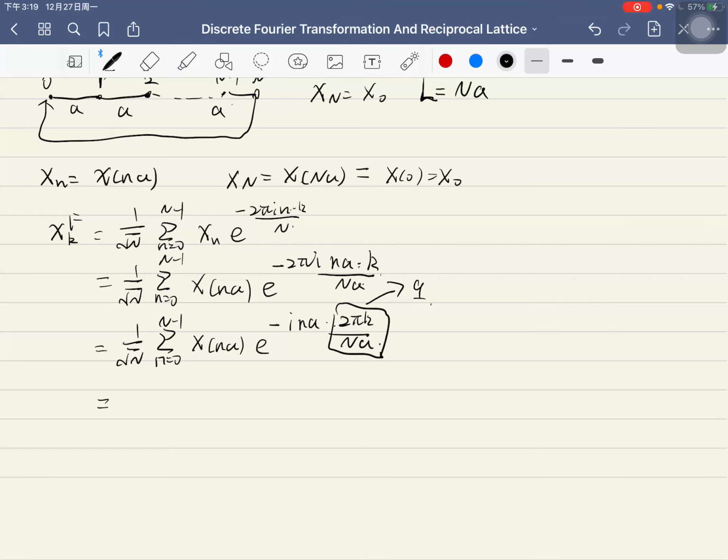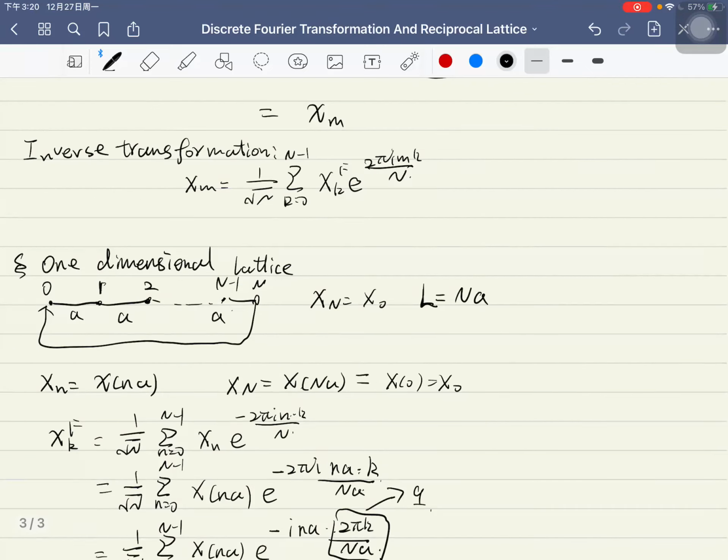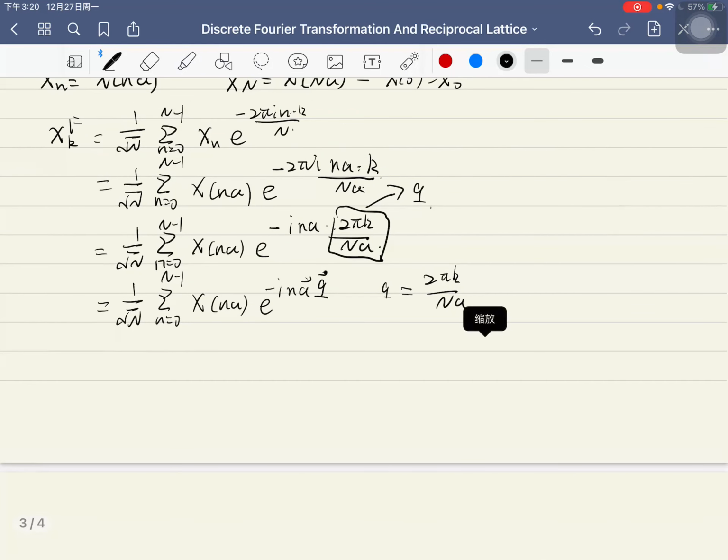So it can be written as the sum over n, with q times na equals 2 pi k n a over na.